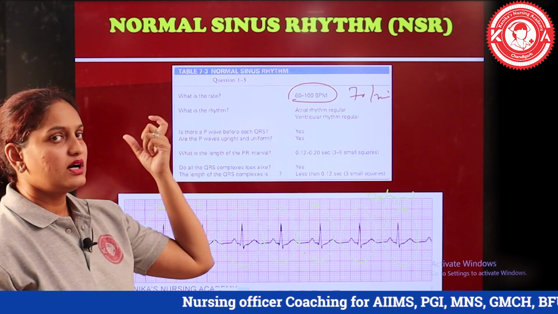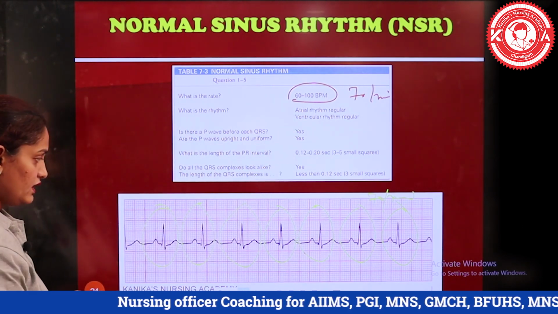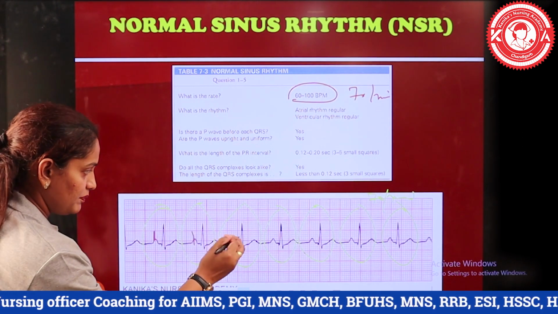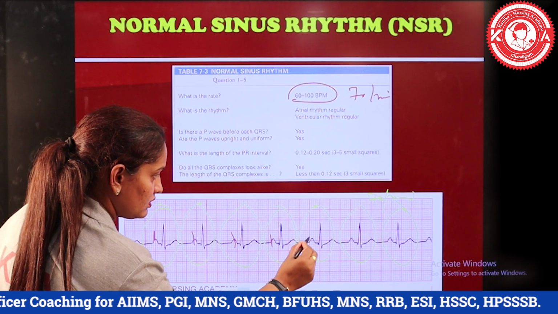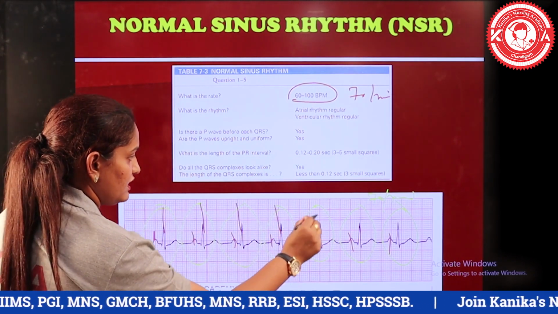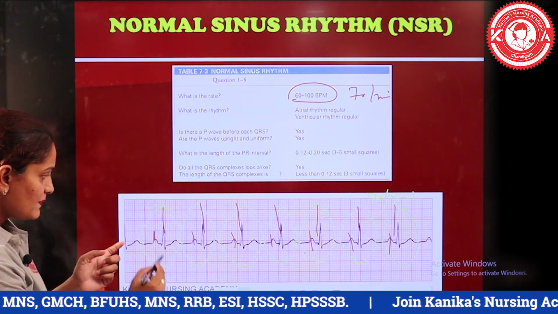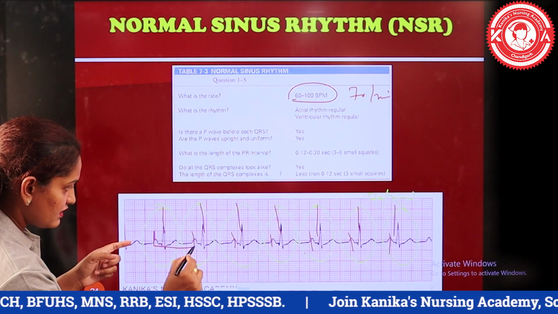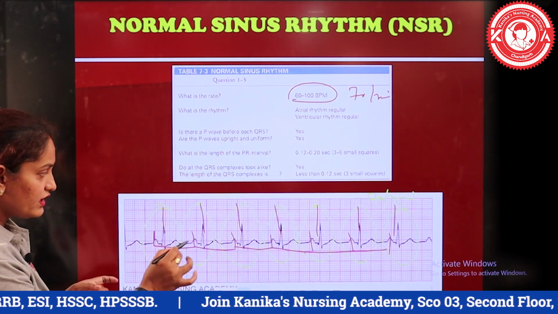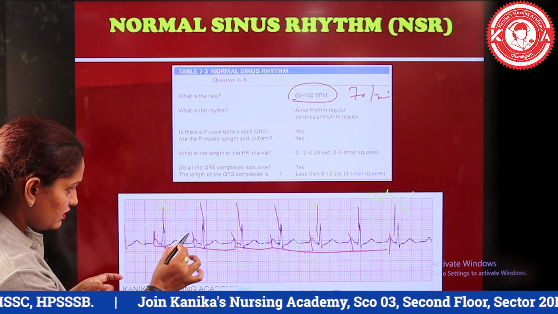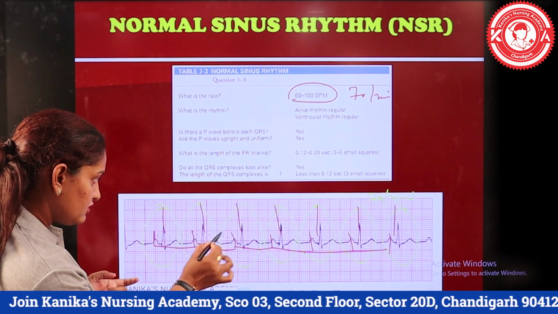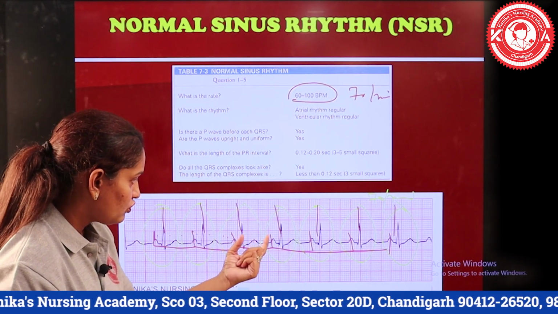Second question was rhythm assessment. So we have to count the number of squares or boxes between P and P, and between R and R. These should all be equal in number: 1, 2, 3 and 3.5, 1, 2, 3 and 3.5, 1, 2, 3 and 3.5.